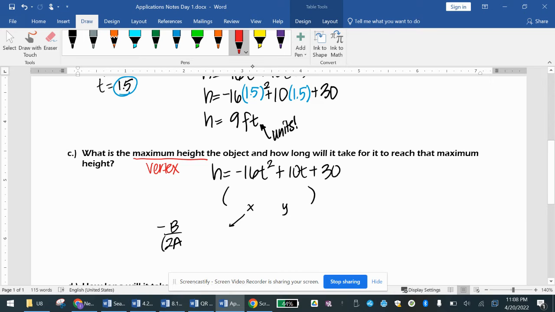So, esta es la a, esta es la b, this is a, b, and c. So take the opposite of b, so the opposite of negative 10, divided by 2 times negative 16. Okay, so you're going to want negative 10 divided by negative 32.